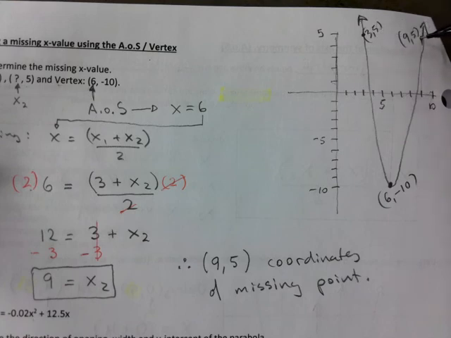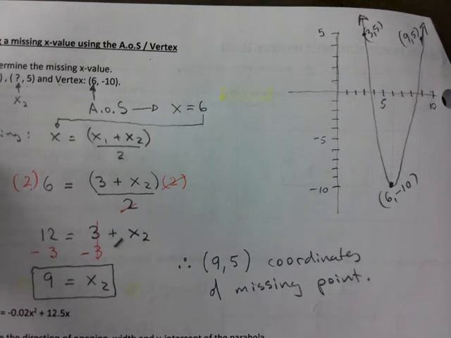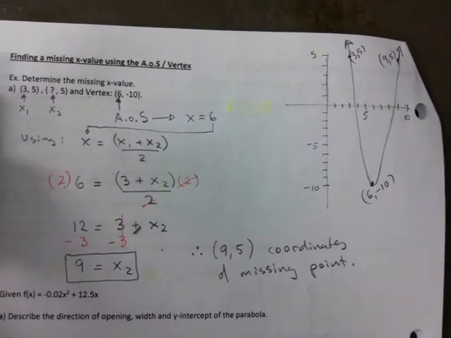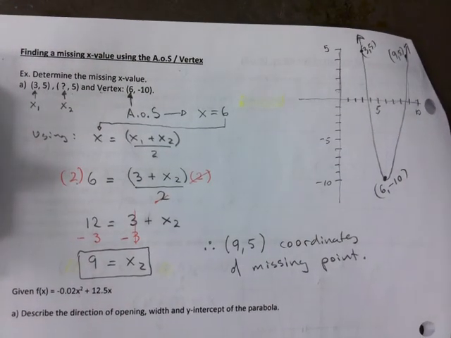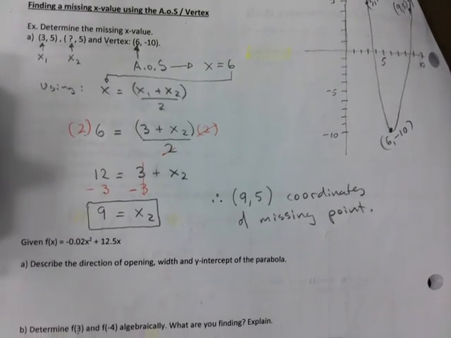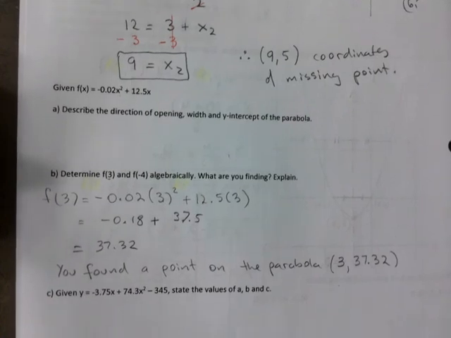If you were to go from the right, where the x value is 9, to get to the axis of symmetry, it would also be 3 units, right? So it's 3 units to the center from either side, okay? So keep that in mind. All right. So there's your visual. Next.